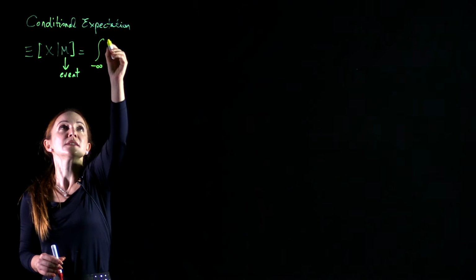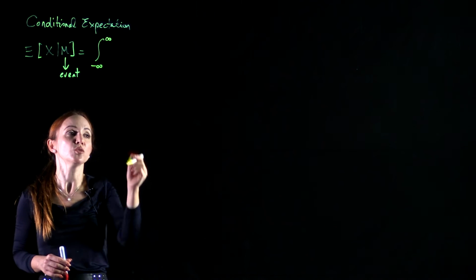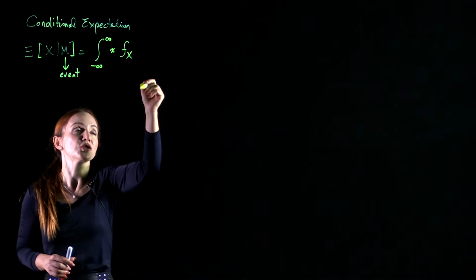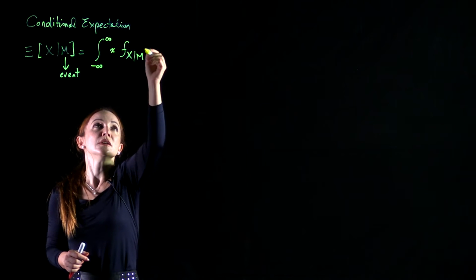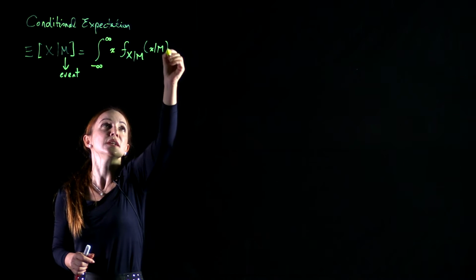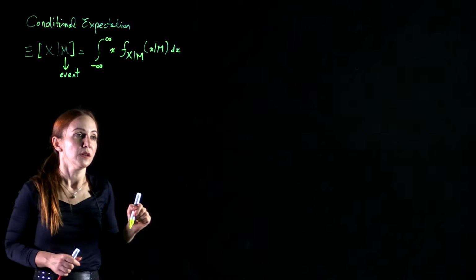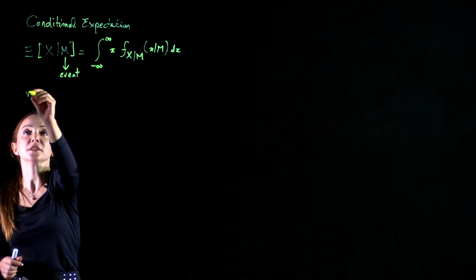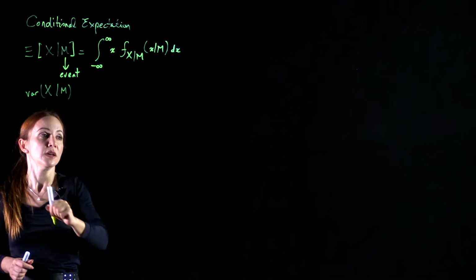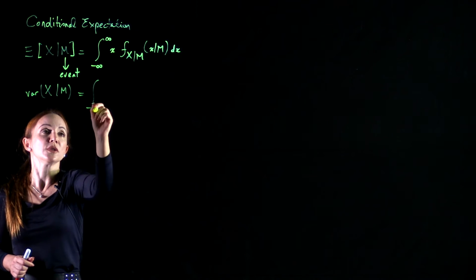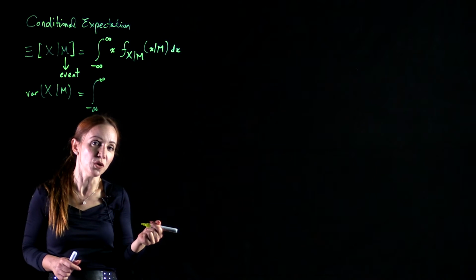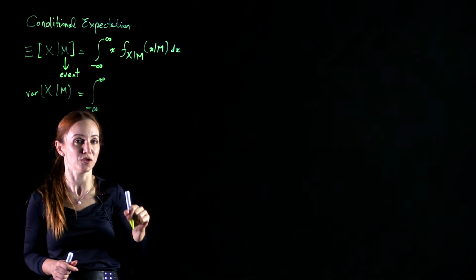In that case, the conditional expectation would be this integral, where essentially we are taking the weighted average over the conditional density. The variance of x conditioned on m is similarly the expected value of the squared deviation from the conditional expectation of x given m.